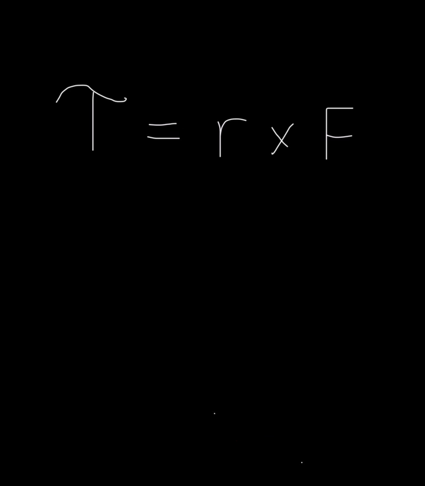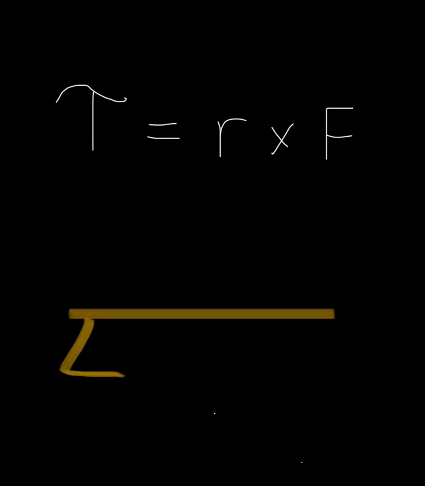Now, what if we had a torque that acts on a seesaw like this? I'm just going to show the right side to simplify our example here, except our torque doesn't actually act straight down. Instead, it acts at an angle. Let's say this were the angle. What would we do here?